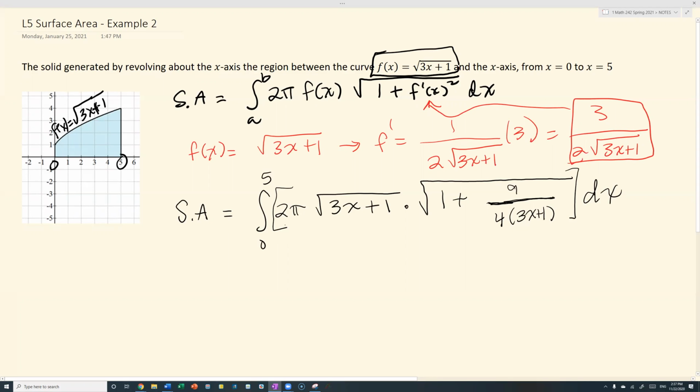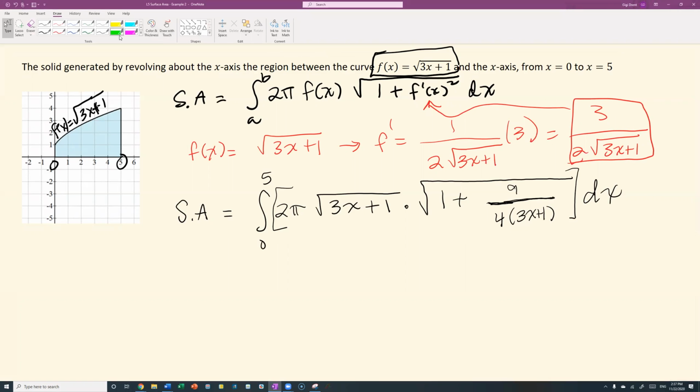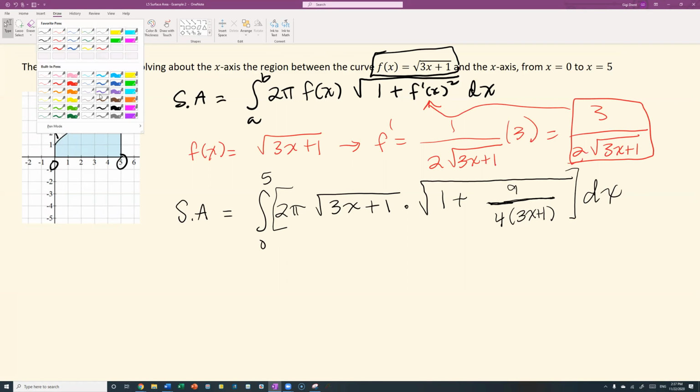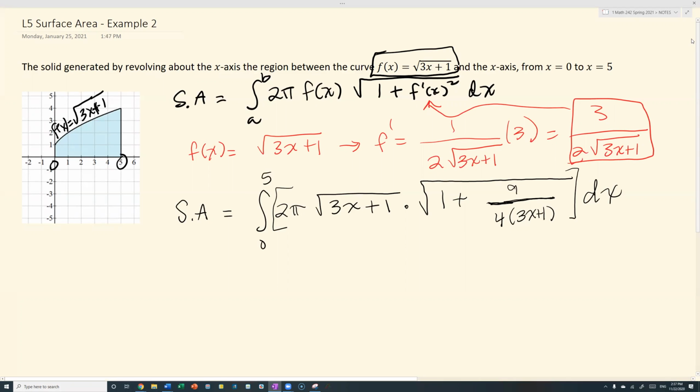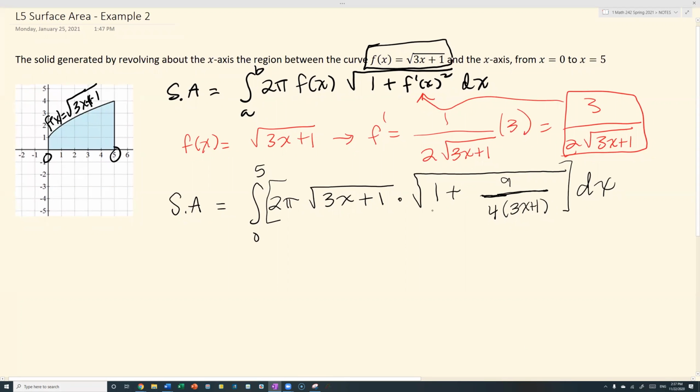Now, get a common denominator in this part right here so that we can clean this one up.